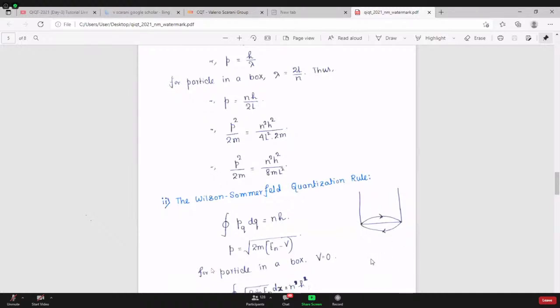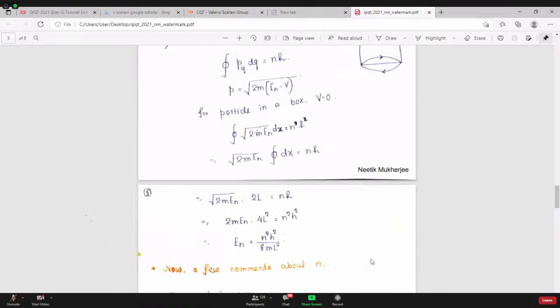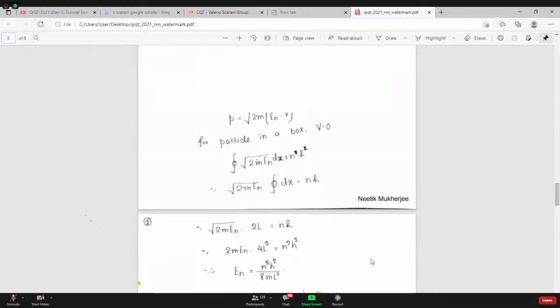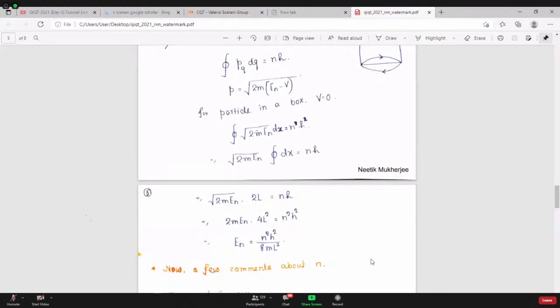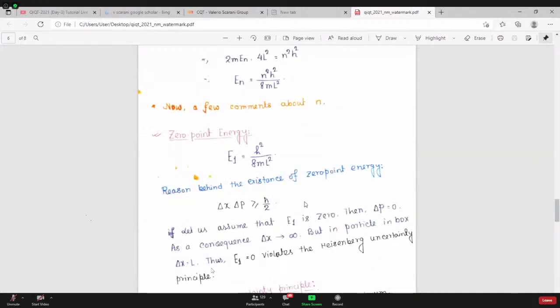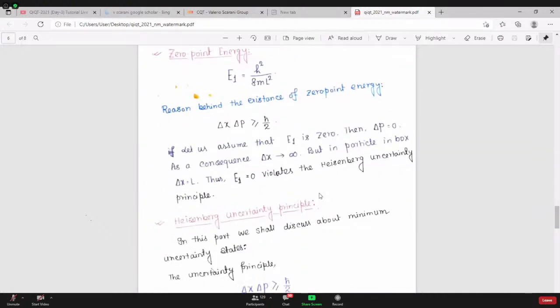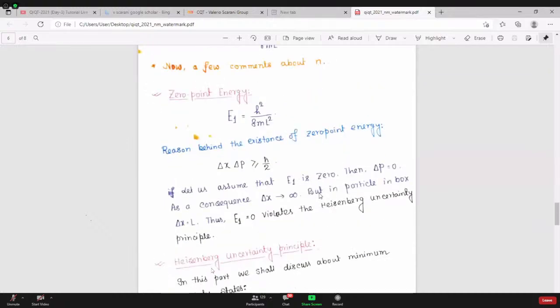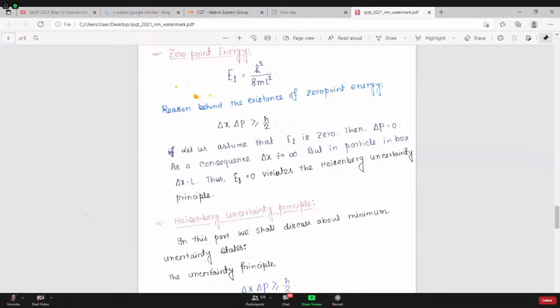Thank you, sir. Now, if you have any further questions? Okay, now I'm moving to another point that we have discussed already before, the zero point energy. We know that the zero point energy is the minimum possible energy for a particle. If you apply the uncertainty principle, it also explains the existence of the ground state energy of the particle, the zero point energy.